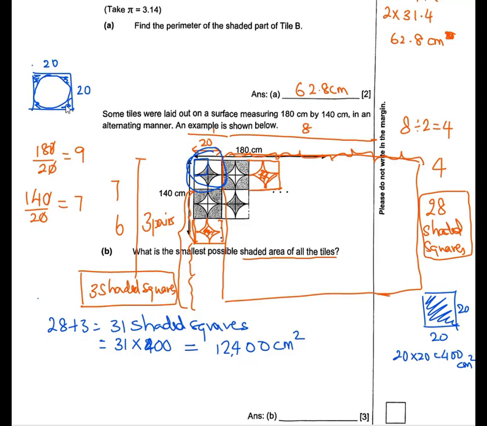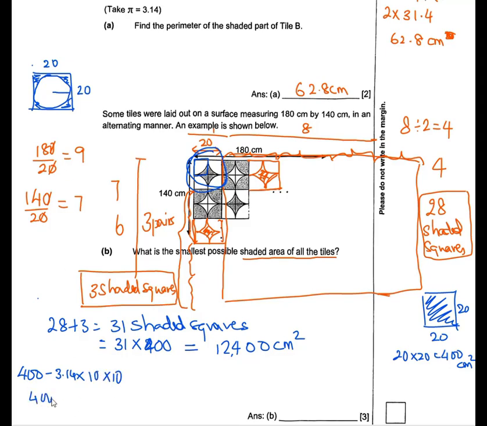So I can do that also. Now the area of the square is 400 minus the area of the circle, which is pi r squared. Pi we are asked to take as 3.14, times r squared, radius times radius. We know that the radius for this is 10, so it is 10 times 10.